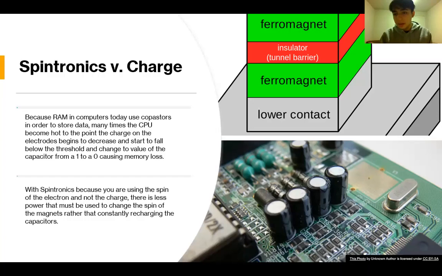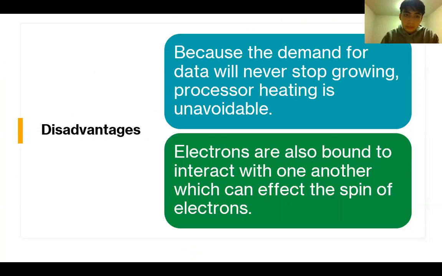And this is happening within fractions of seconds. This isn't something that happens every other minute. It's constantly happening, and your computers constantly have to keep up with it because of the heat. And the capacitors are constantly going below the threshold. This is one of the advantages of having spintronics versus charge.